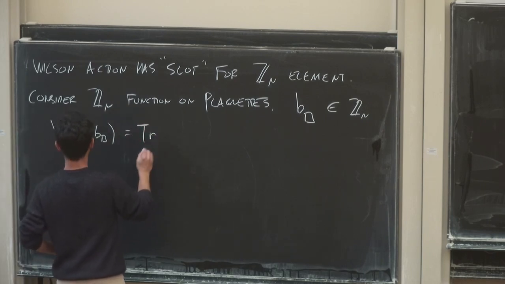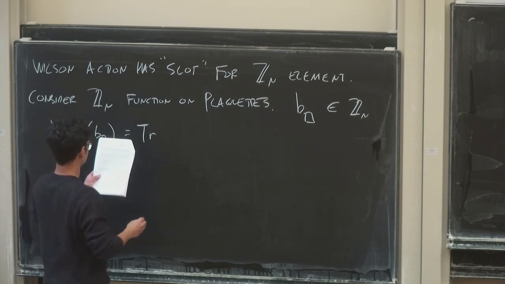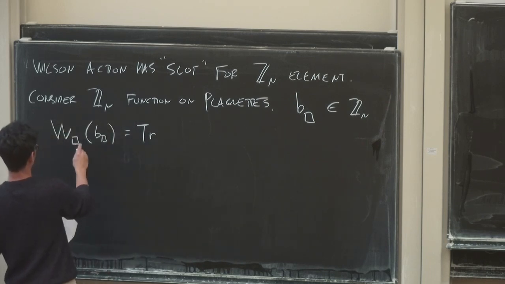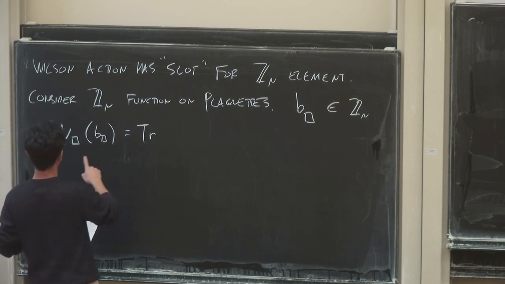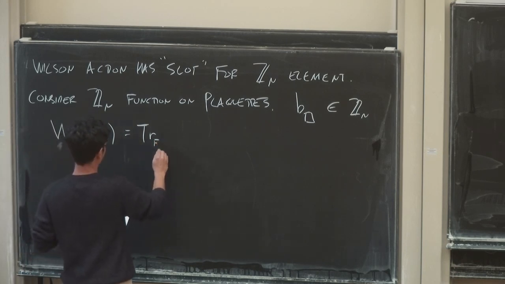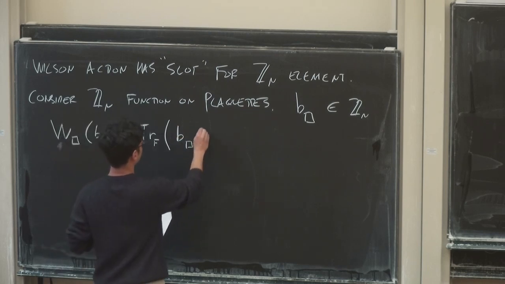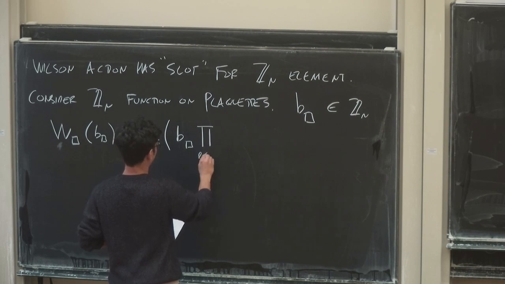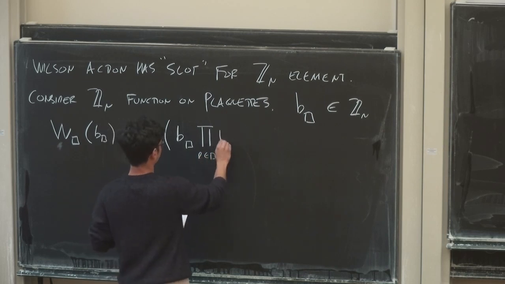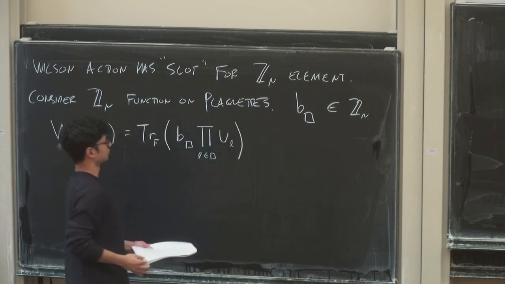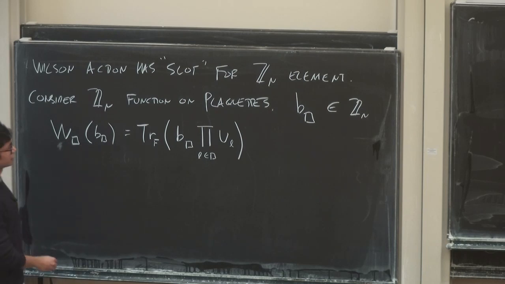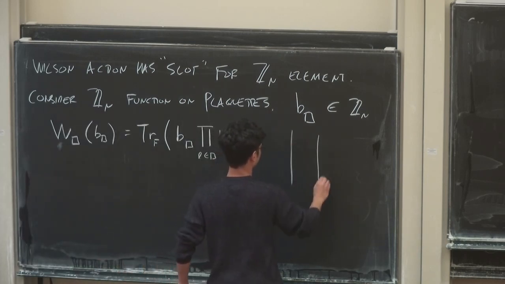I can take the trace, my notation is getting a bit tortured here, this should really have both the plaquette and the R, but let me ignore that. It's the trace in the fundamental of B sub plaquette times the product of the links in the plaquette, U_L. So this is a geometrically natural thing to do.